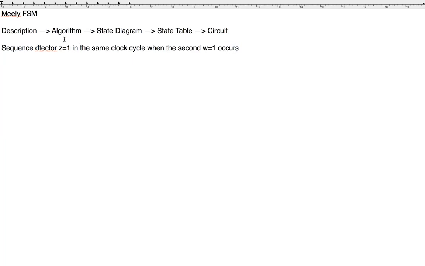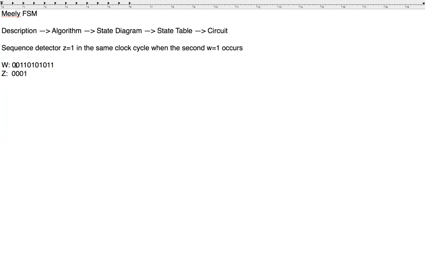Okay, so for the sequence detector, let's look at what it looks like. I'm going to just show you guys an example of W and Z. Always write out the combination so you can see it. So right here, Z equals 1 in the same clock cycle when the second W equals 1 occurs.